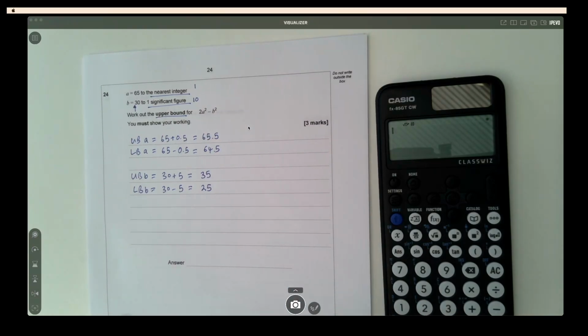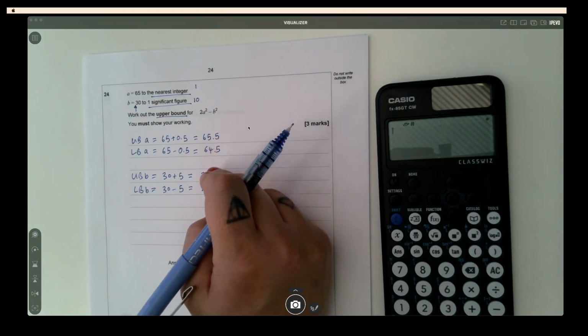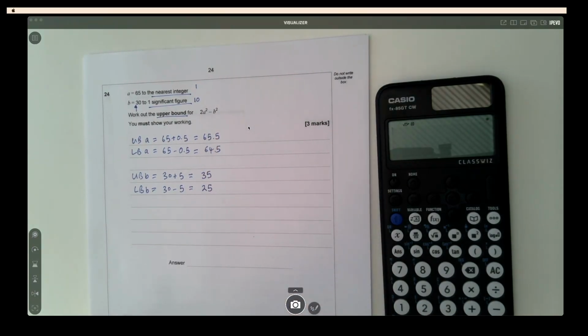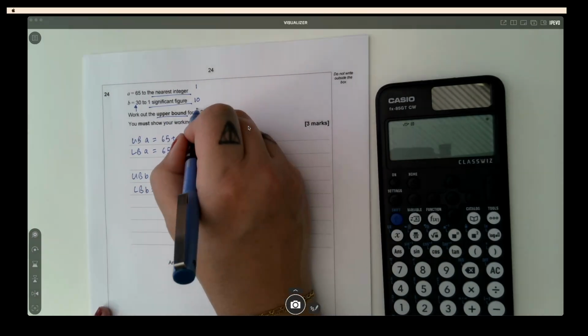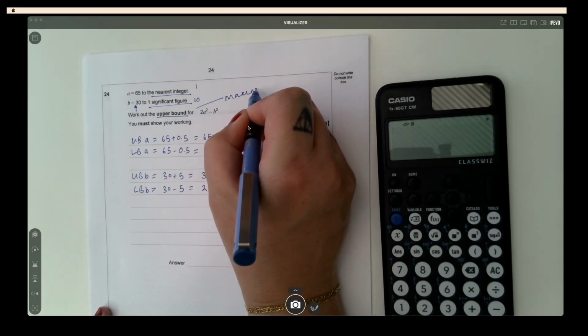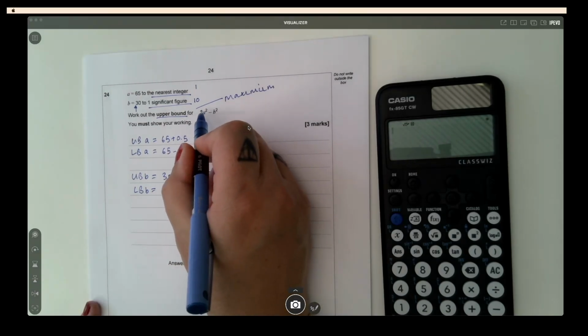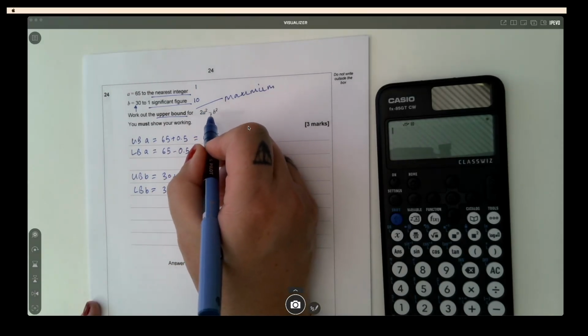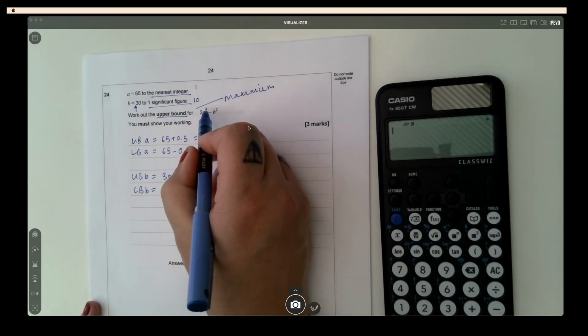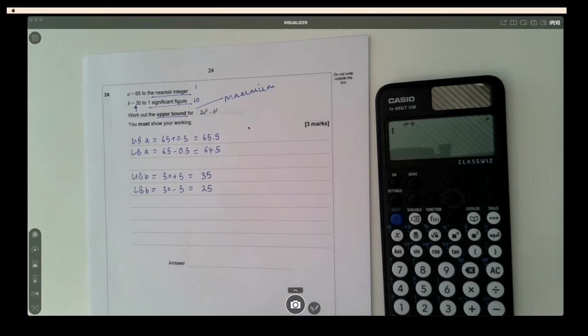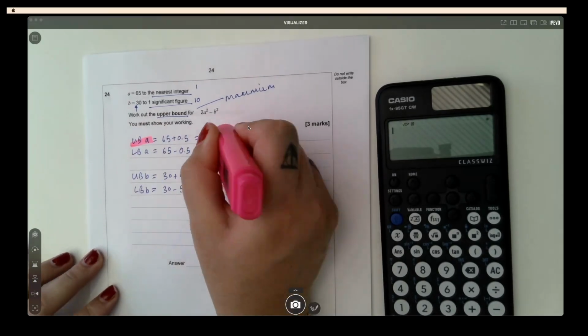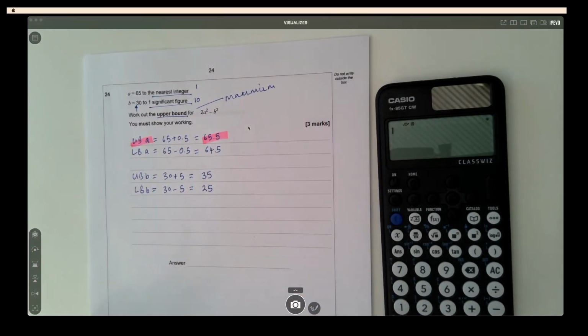Now we need to look at these calculations and figure out which value for a and which value for b we're going to use. So we want the upper bound. So we want the maximum answer for this calculation, the biggest answer we're going to get. So to get the biggest answer, we want to use our biggest number subtracting our smallest possible number. So if we want 2a squared to be our biggest number, we're going to have to use the upper bound of a to get the biggest number.